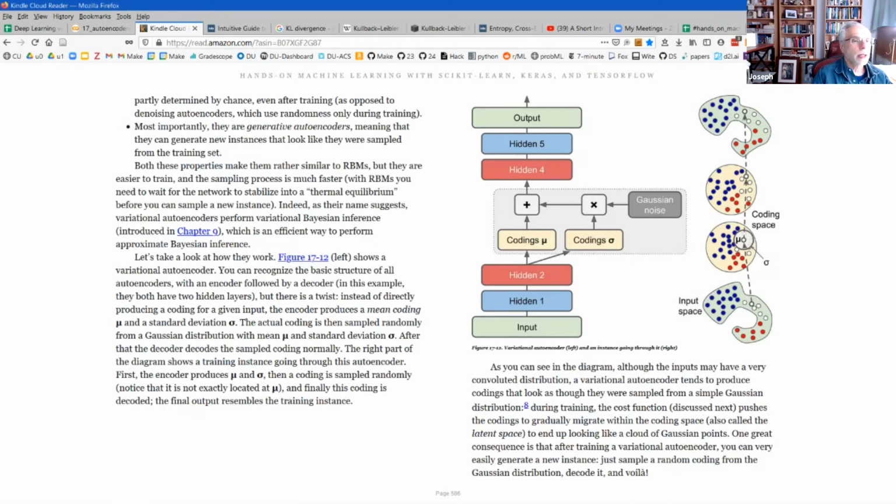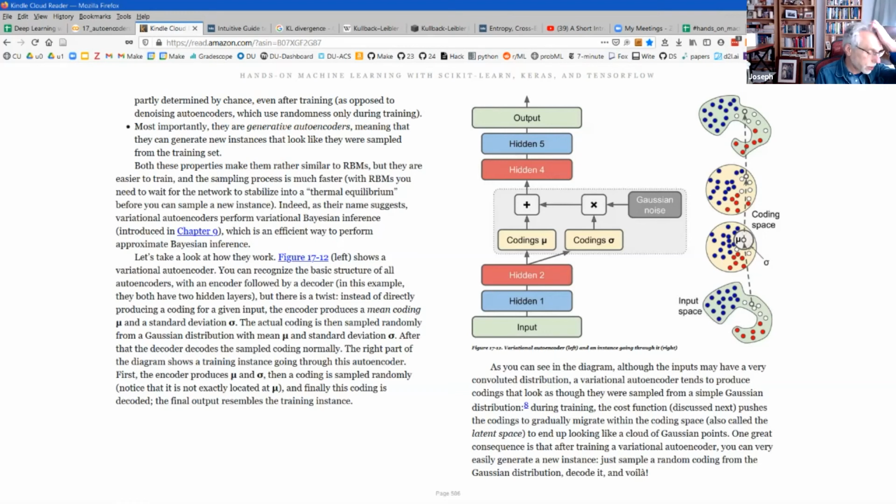The other difference is that the variational autoencoder is generative, in the sense that it can actually generate new data. Since it learns the distribution of the data, it can sample from that distribution and produce samples.